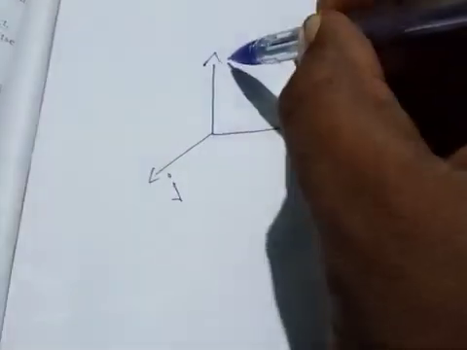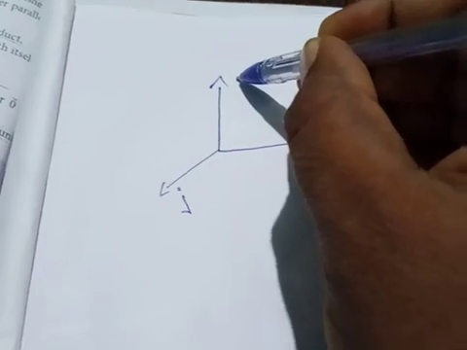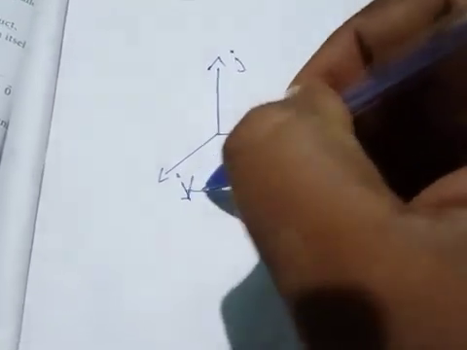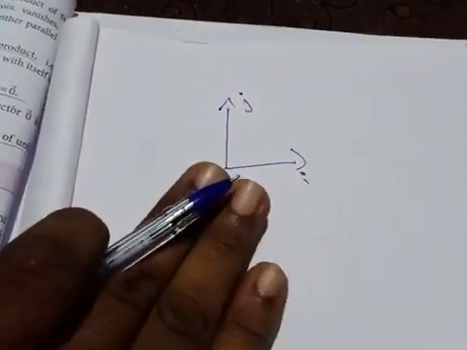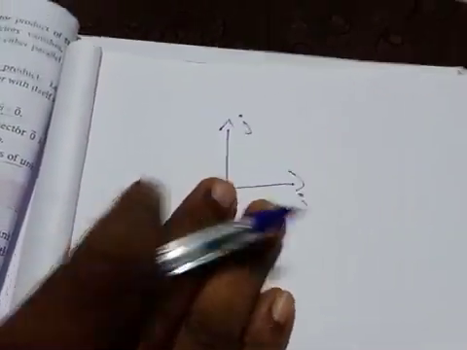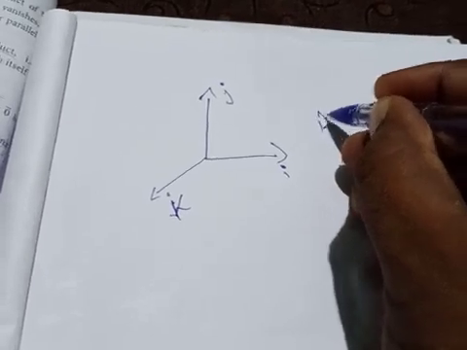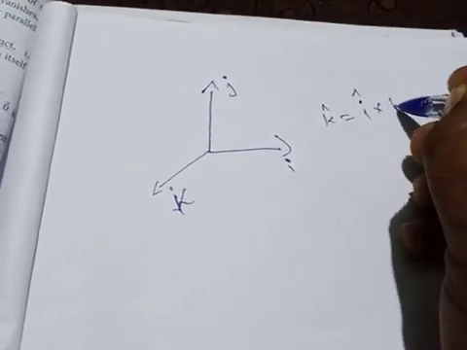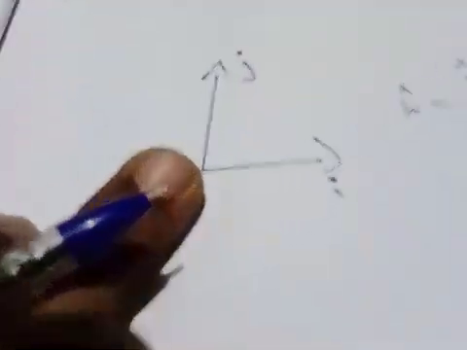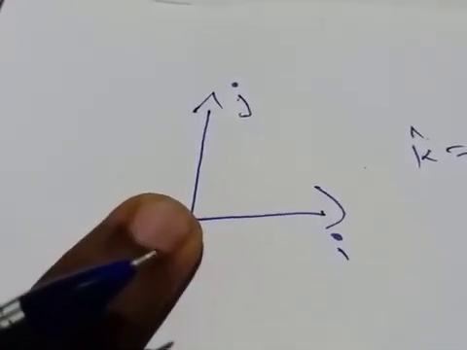Like this: I, J, K in a cycle. Suppose we take the K unit vector, it is I unit vector cross J unit vector. If you close one, you get the other two.